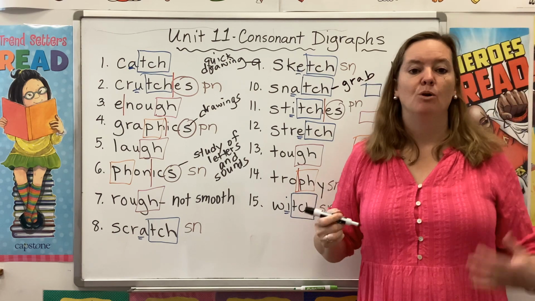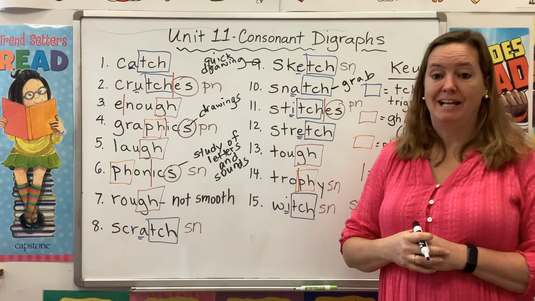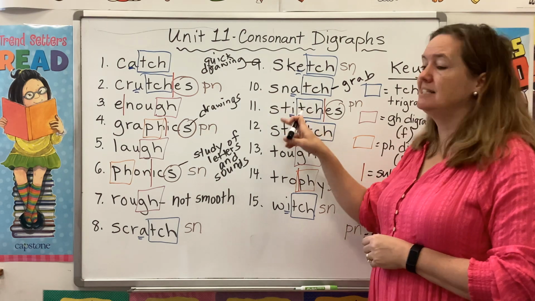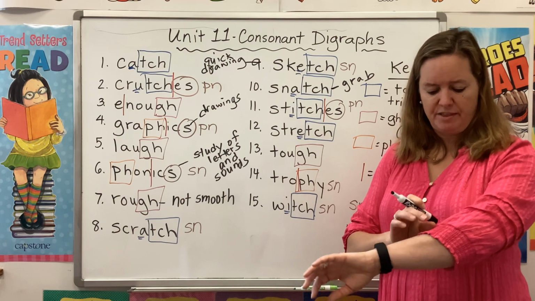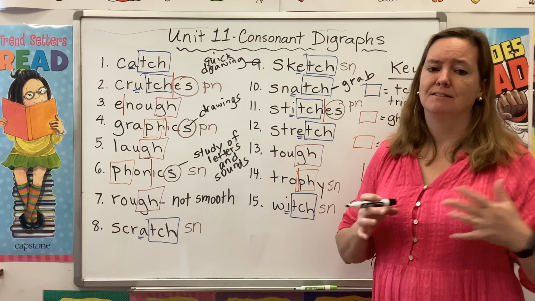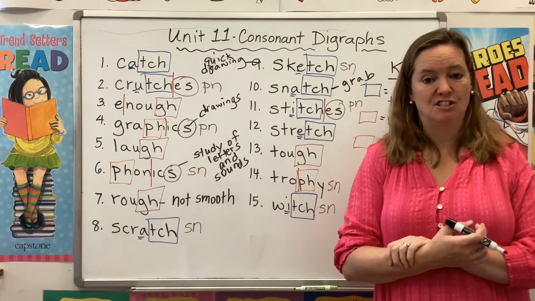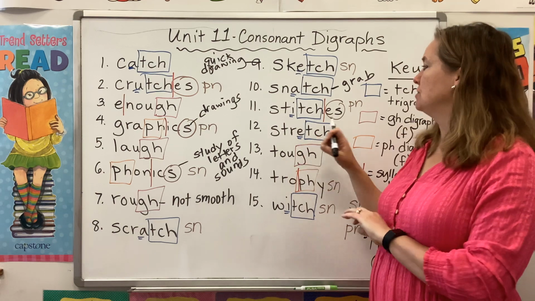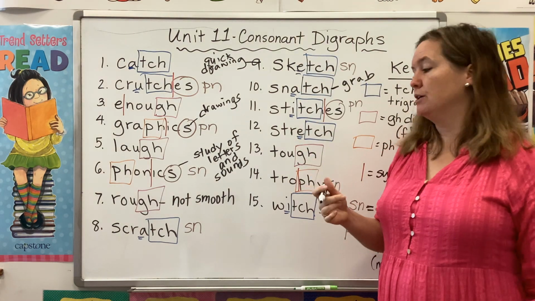It's considered rude behavior. People don't like when you snatch things out of their hands. Stitches, that's what you do with a needle and thread, right? So if you look at your clothing, you can see all the different stitches. And then, yes, if somebody gets hurt, they have a bad cut, the doctor might need to stitch them up. To stretch, to do that, right, you stretch out your muscles.